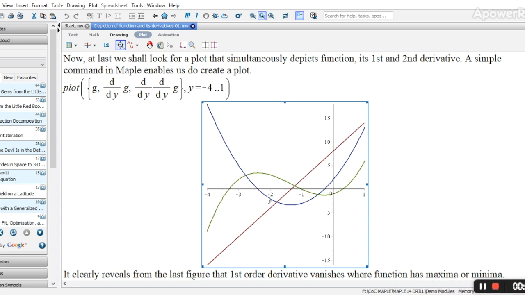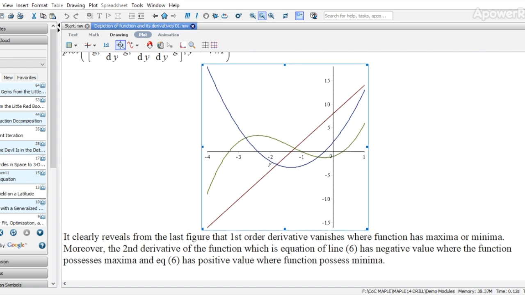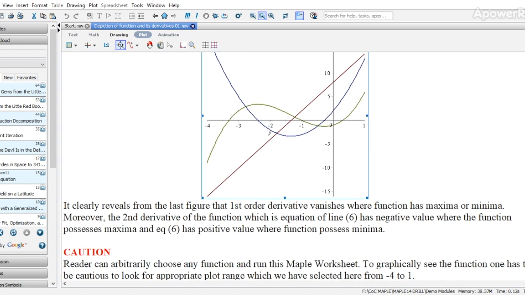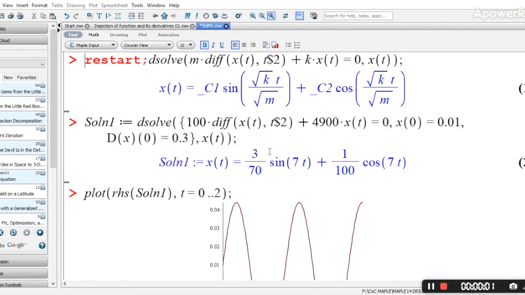So here we have visually seen how a function and its first order derivative and second order derivative can help us, a visually supported backup.